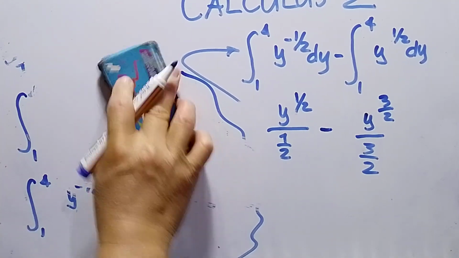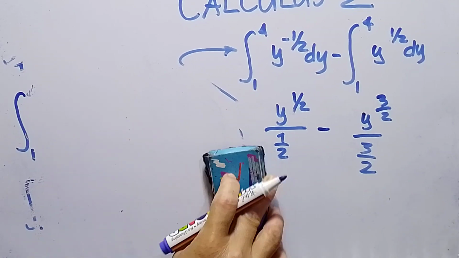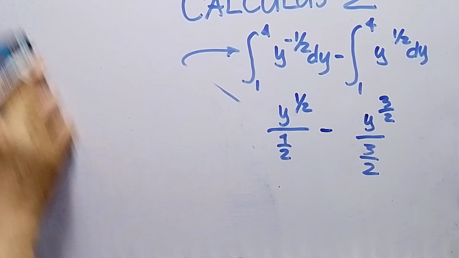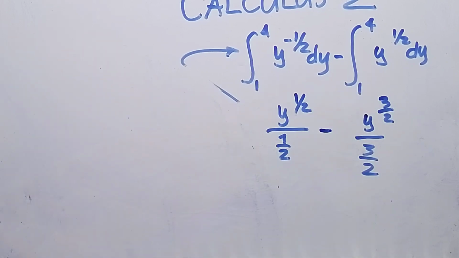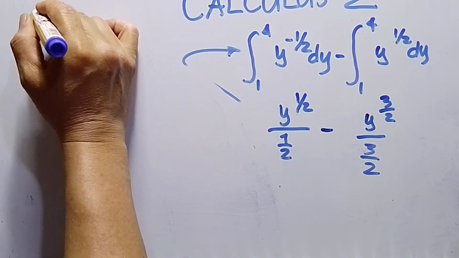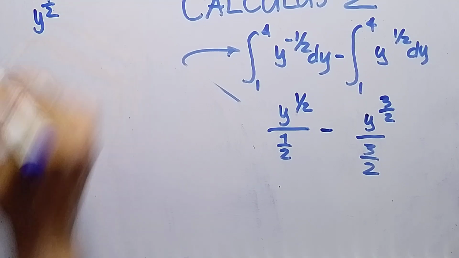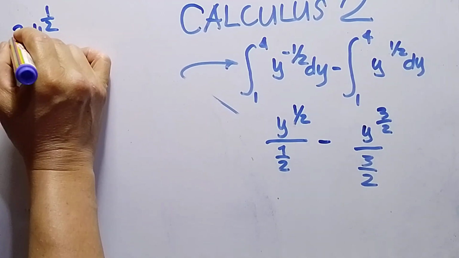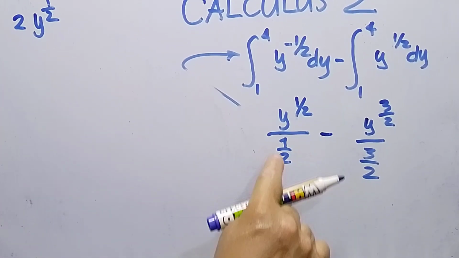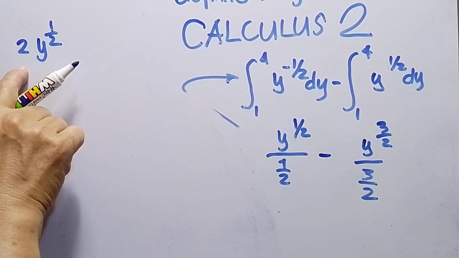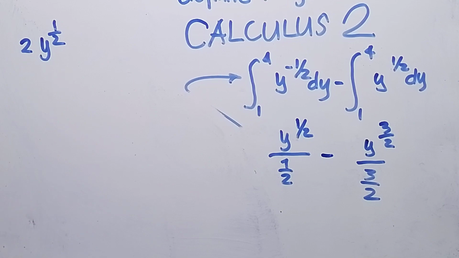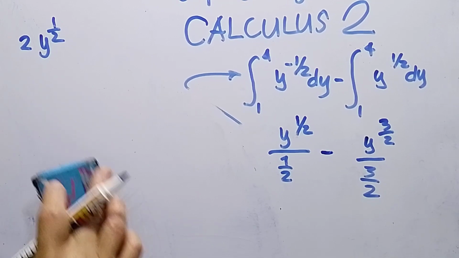Okay, I need to erase this one because I have only limited space on my whiteboard. This will be simplified by using algebra. So this will be y raised to 1/2, and then this will be 2, because I need to take the reciprocal of 1/2, that will be 2 over 1, or simply 2y raised to 1 over 2.